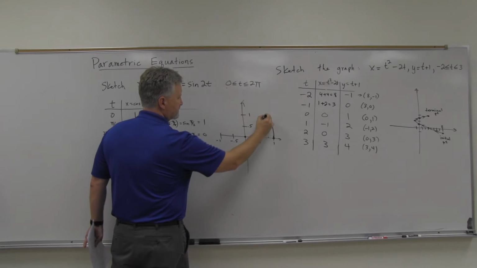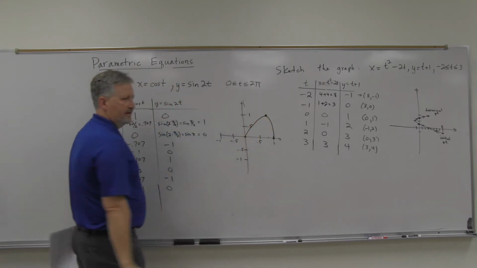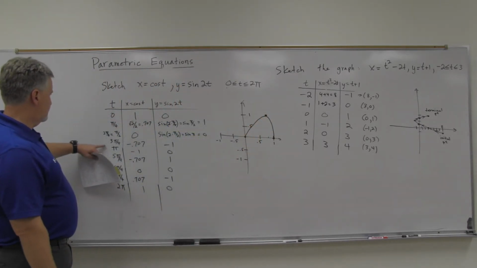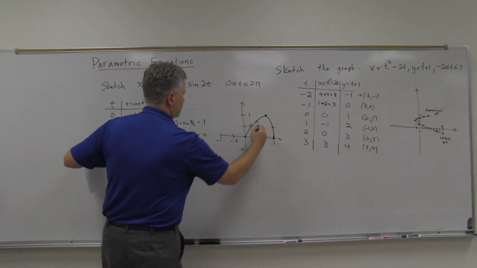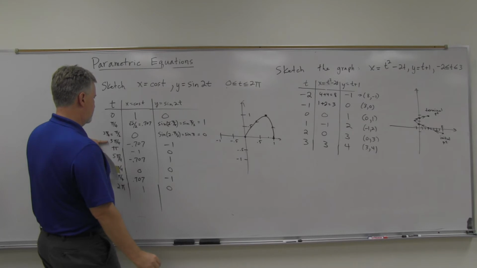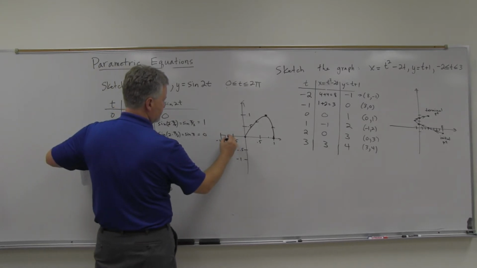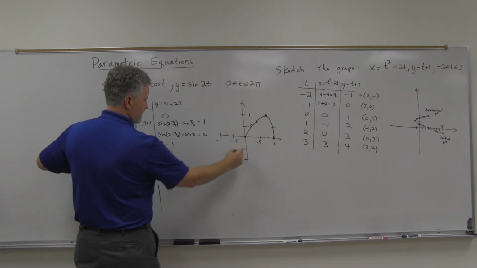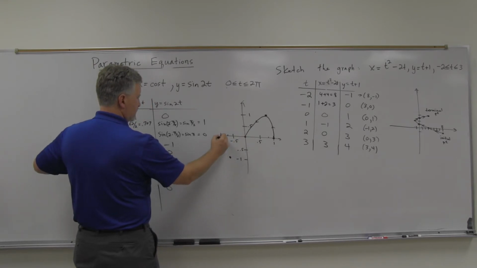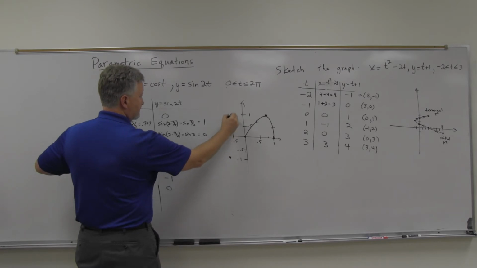From there to there, it's kind of going like that. Then we're at negative 0.7, negative 1, so it comes back down to here. And then negative 1, 0, negative 0.707, positive 1.